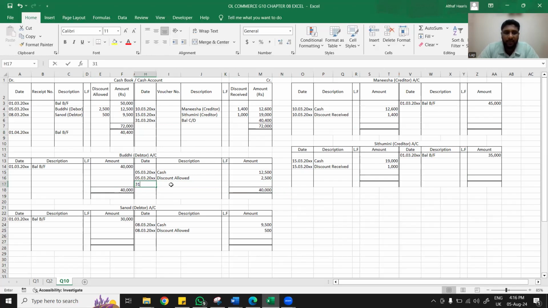Then 31st March 20XX, balance c/d, 25,000. That means we have to receive 25,000 from Buddhi at the end of the period.